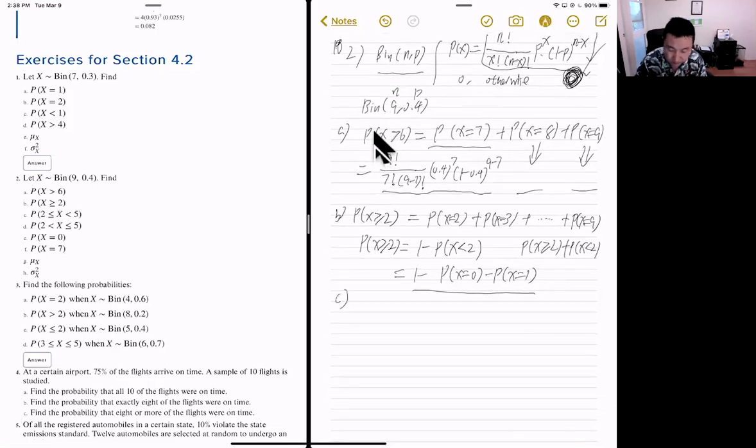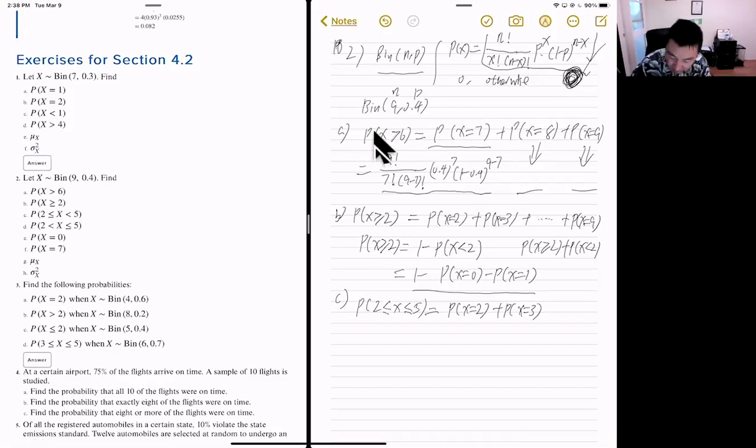Then you get the first two correct. The remaining will be very much similar. Just pay attention to the equality line here. So part C is for x larger or equal to 2 but less than 5. That is including P(x) equal to 2 plus 3.